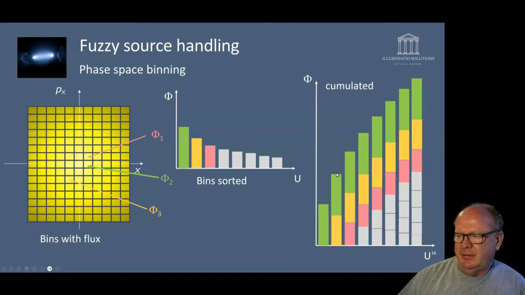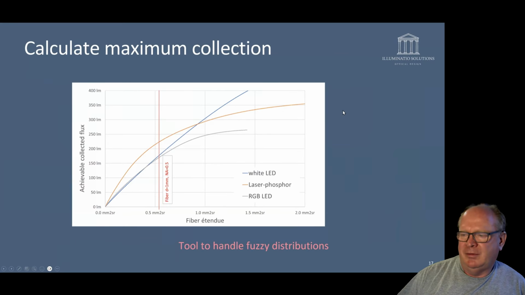This is the first bin, this is the first and the second, and the first three bins, and so on, and then you get this kind of diagram. And in the end you end up with a plot of certain sources, which looks different and is very, very useful.